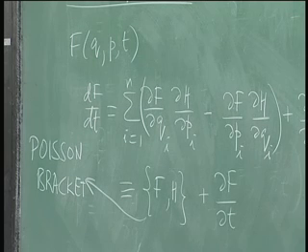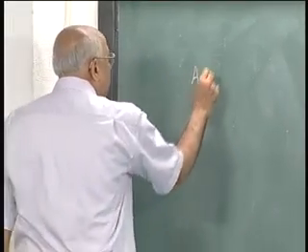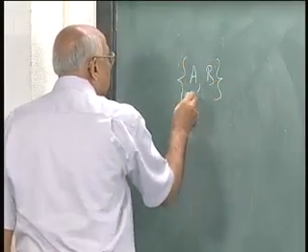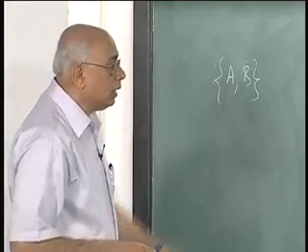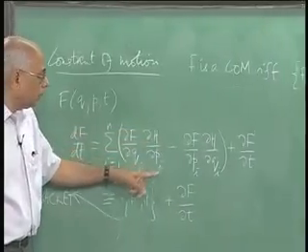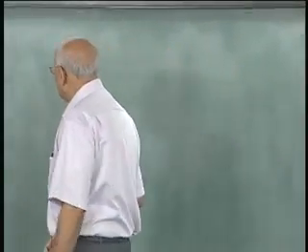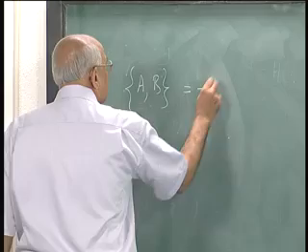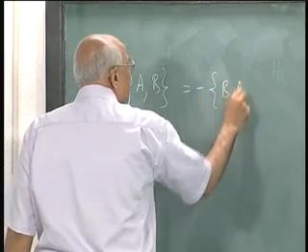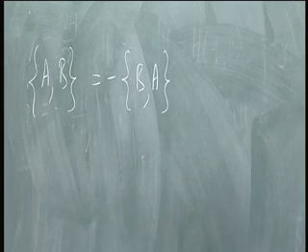So you could have some A which is a function of all the q's and p's and t perhaps, and some B, and this Poisson bracket here is defined as delta A over delta q dot delta B over delta p dot minus the reversed partial derivatives, and it has some properties, and the first property is that this is equal to minus the bracket of B with A. And that is immediately obvious: you interchange A and B and you get a minus sign out there.